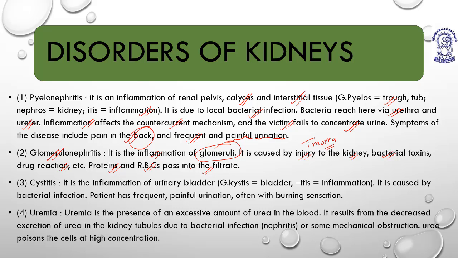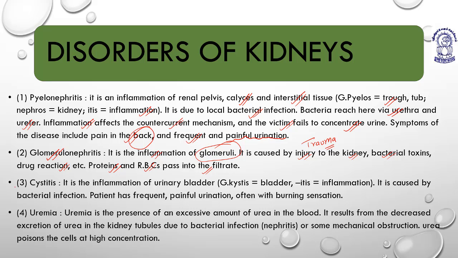It is caused by injury to the kidney, secretion of bacterial toxins may cause infection or inflammation, and it may be due to drug reaction. Proteins and RBC pass into the filtrate, which leads to the drop of blood pressure along with the loss of RBCs in urine.